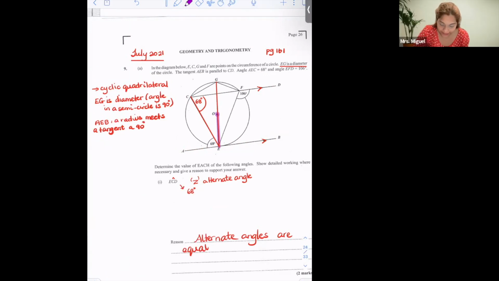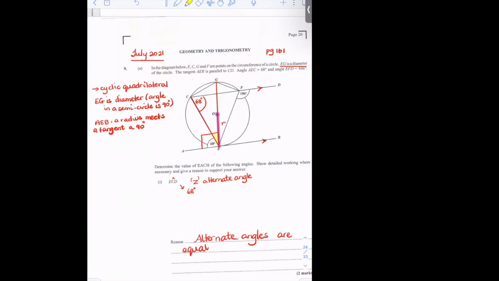What is the theorem with the radius? Look at here. A radius meets a tangent at 90 degrees. So if this is 90 degrees, can you find this missing part here? Go ahead.